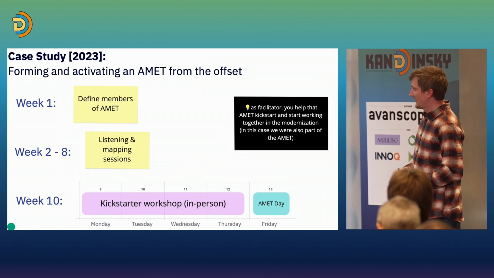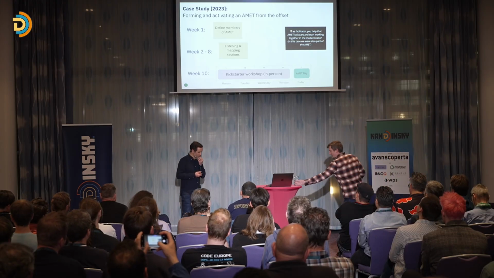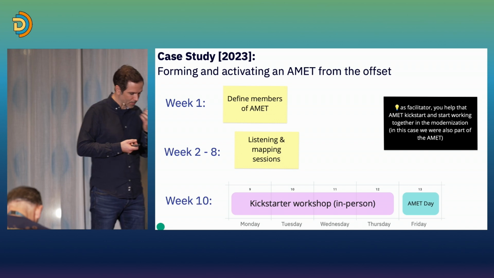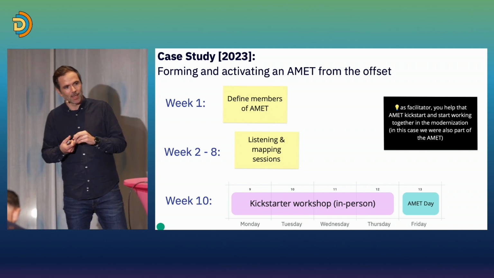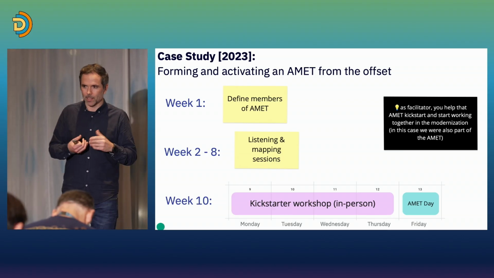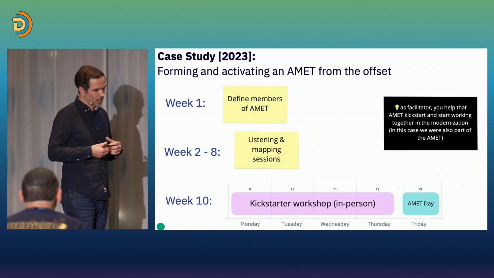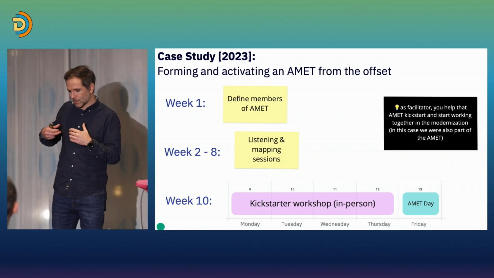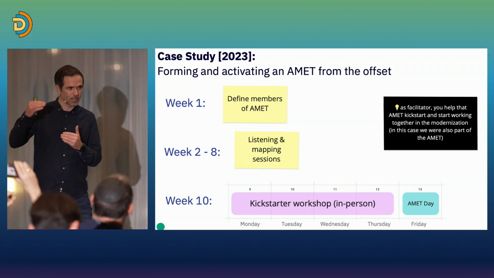Maybe you could talk us through this example, how we set one up recently. Yeah, this is an example from a company that we worked with last year. I'm still working with them, actually. So who should be on that AMET? Typically it's people who can help the teams facilitate things so that they can address that capability gap.